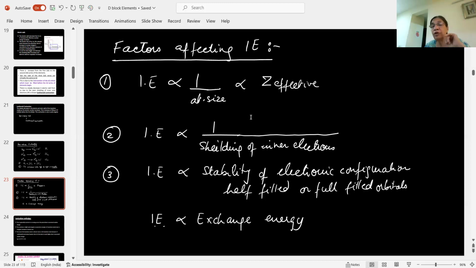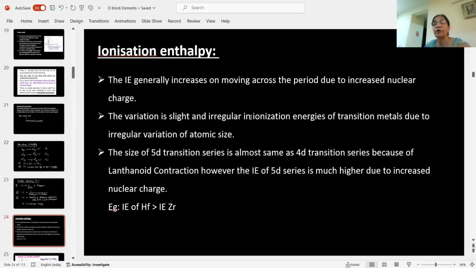Then stability of electronic configuration, extra stability of half-filled and full-filled orbitals, also we have to keep in mind. Then based on ionization enthalpy, these are a few things which I just explained to you.